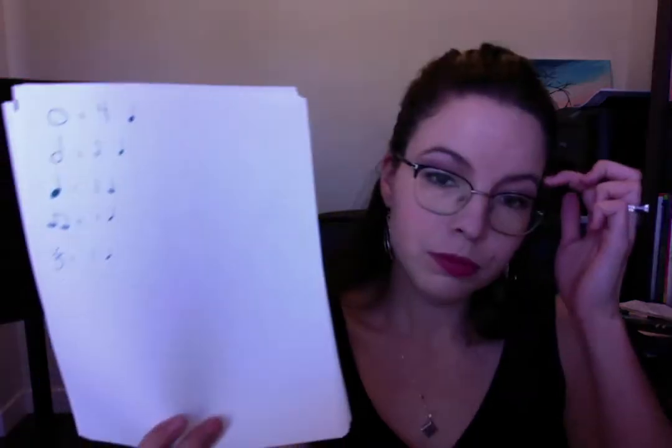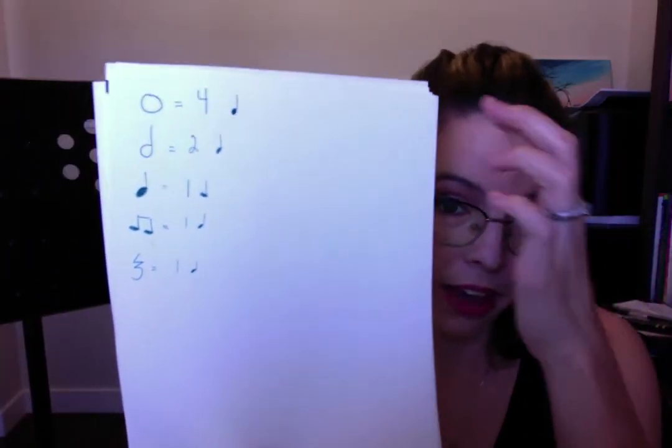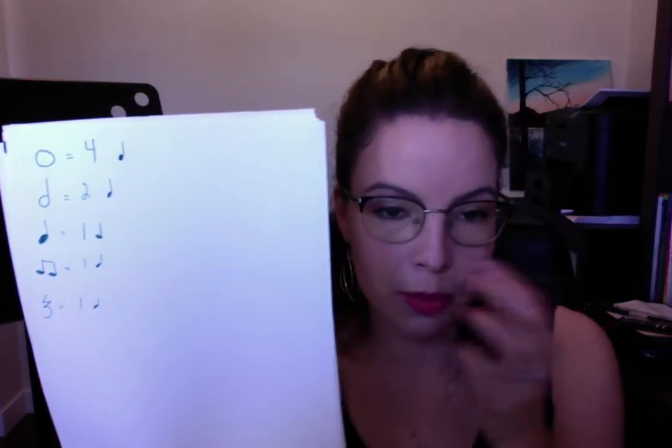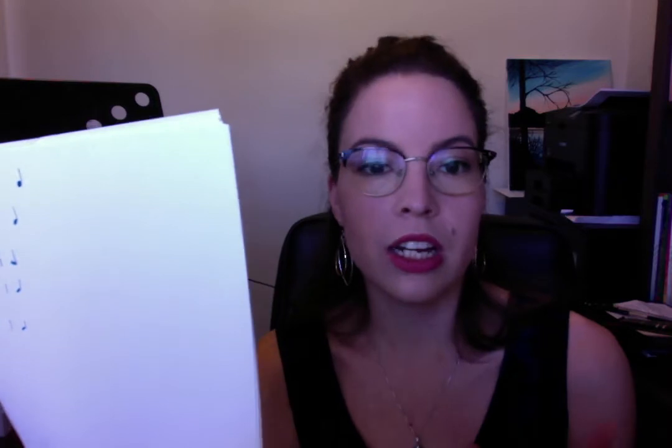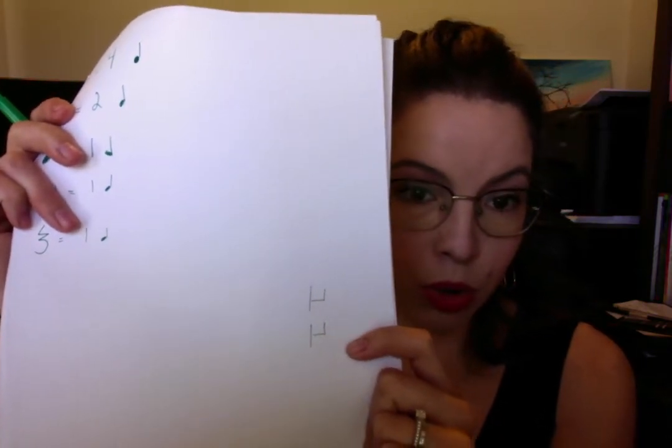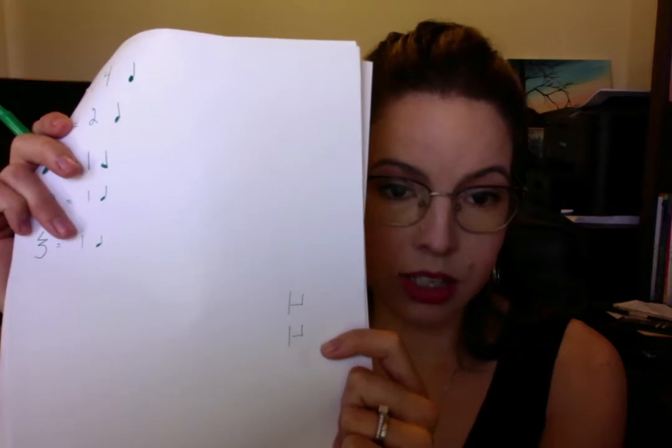Okay, so what we're going to do now that we have all of these different symbols, we're going to talk about time signatures and what that means. So if I have a time signature, looks like this. This is 4 over 4, right?